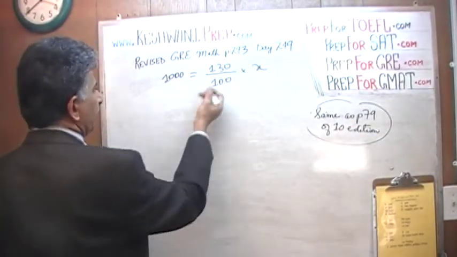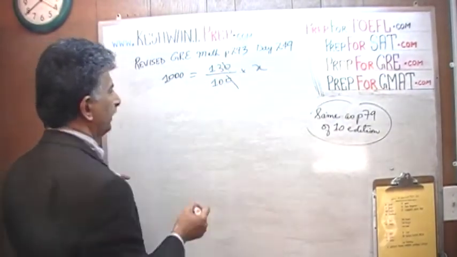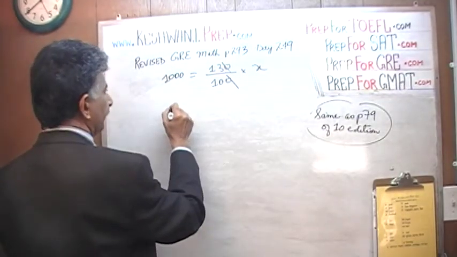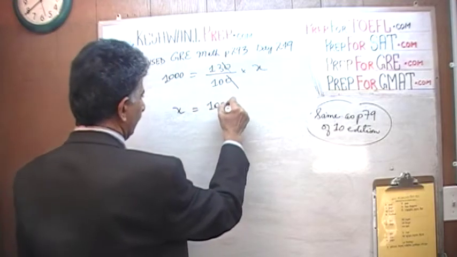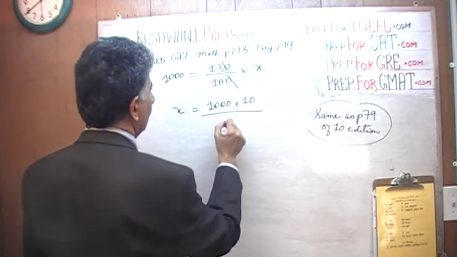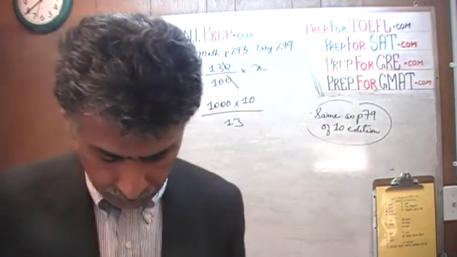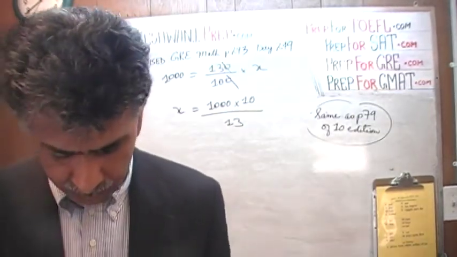Let's multiply both sides by 100 and divide by 130, or better yet, divide top and bottom by 10. So x equals 1,000 times 10 over 13.